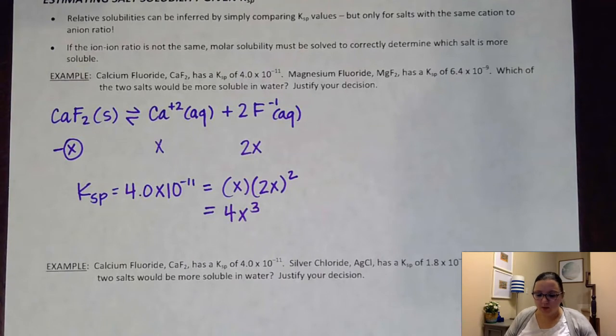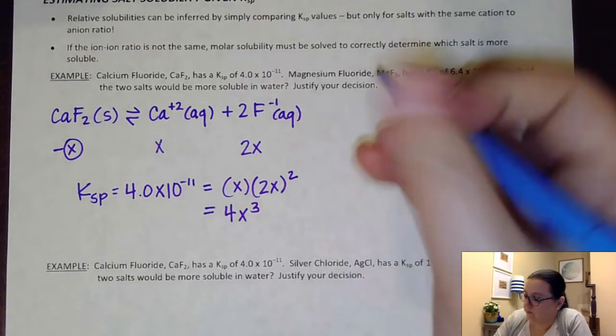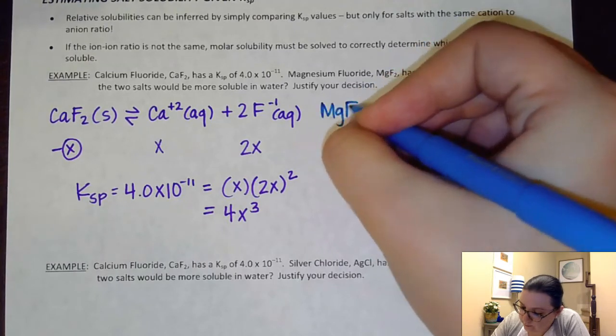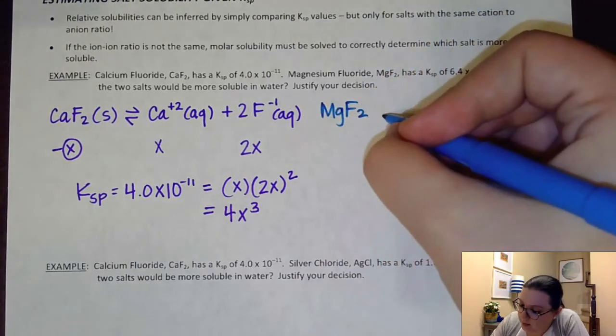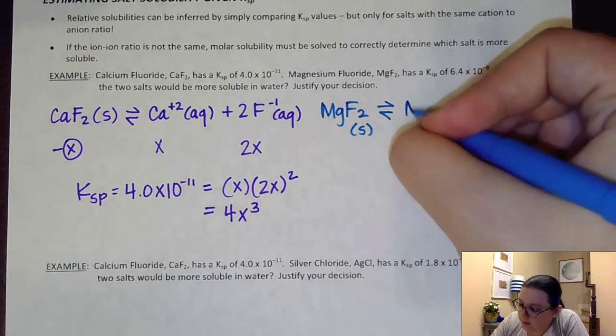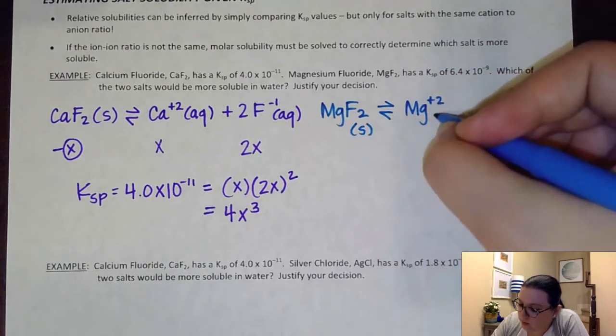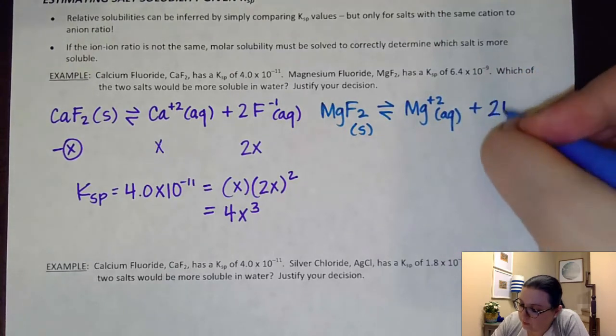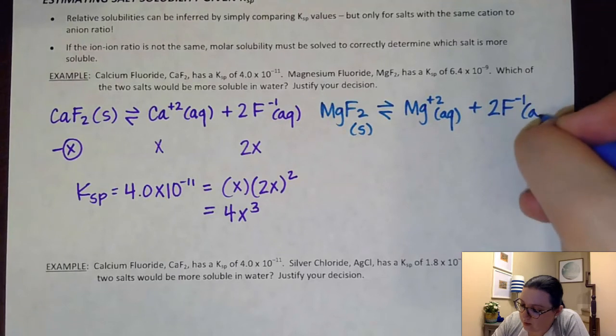Okay, let's go through the same process now for the MgF2. Oh, I forgot to put that it was a solid. I'm going to have magnesium 2+ aqueous, and I'm going to have the 2 fluoride, negative 1 aqueous.